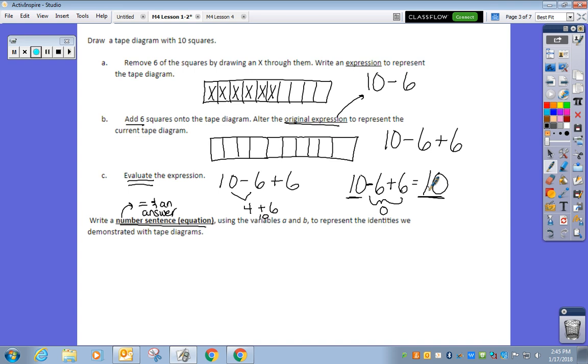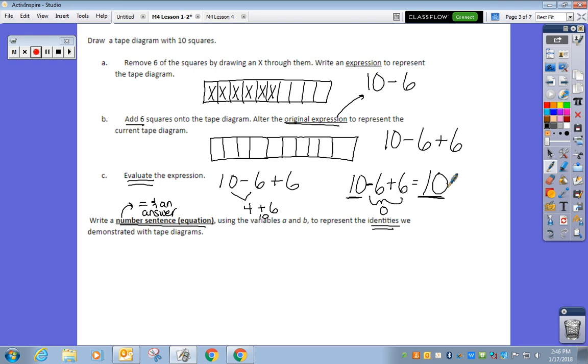Now they want me to write a number sentence, or an equation, with an equal sign and an answer. But instead of using the numbers 10 and 6, they want me to use the variables a and b to represent those identities. Again, identity means starting with a number, doing some math to it, and winding up back with that number again, as we demonstrated with the tape diagrams.